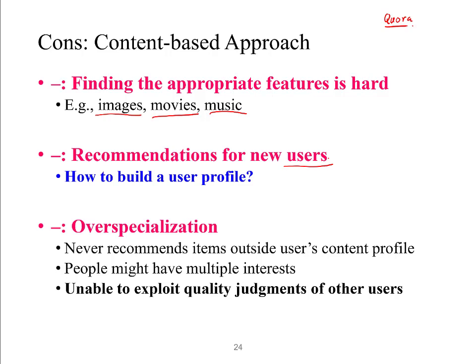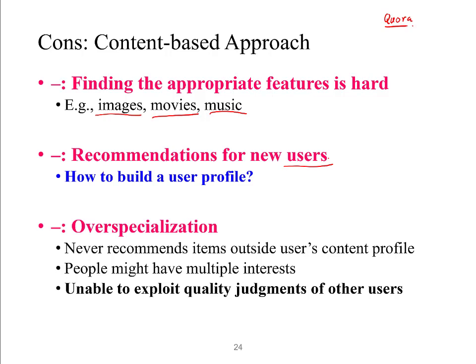And there is the over-specialization problem: it never recommends items outside the user's content profile. For example, let's say I bought books online, and I only bought books regarding computer science, but I've never bought any books about fiction.